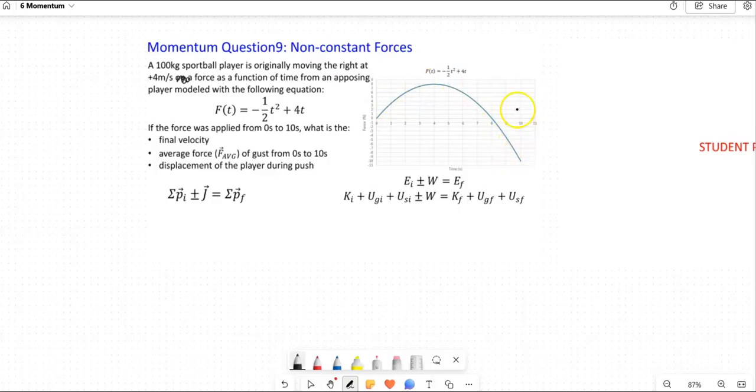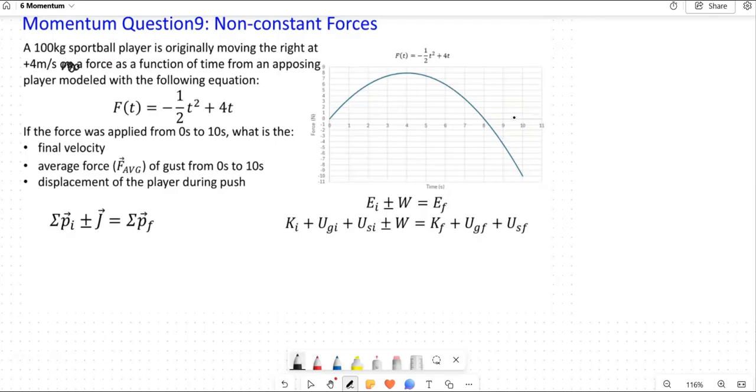And they're doing it over a period of 10 seconds. Okay? So the person's moving to the right. This other player is trying to push them, which initially is pushing them to the right, and then begins to push them to the left.